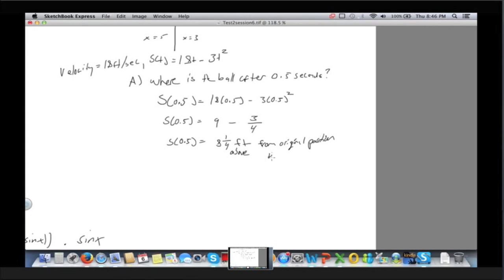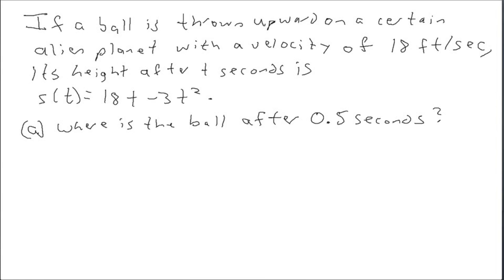Good. All right. So the important thing here is to make sure you've identified the question. I'm going to go back to my screen then for a second. I would encourage you on these problems to always start by writing down a question mark for what the question is asking us. What would be a good symbol for what this question is asking us? Okay, well, it's asking us where is the ball after 0.5 seconds. So it's asking us the position. So S of 0.5.